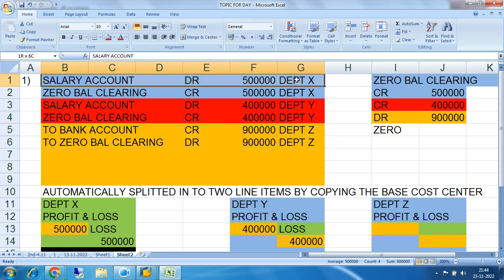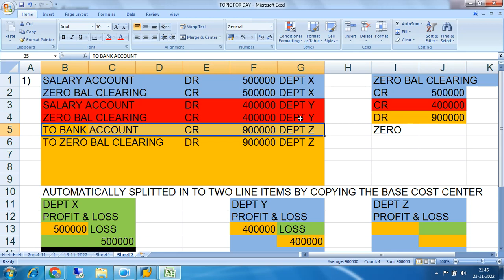Only in the background are these things generated, because for this journal entry the user only creates salary account debit 5 lakhs, department X, salary account debit 4 lakhs, department Y, and the bank account credit 9 lakhs. That's it. The user doesn't know what happens after saving the document. The user saves the document and forgets.